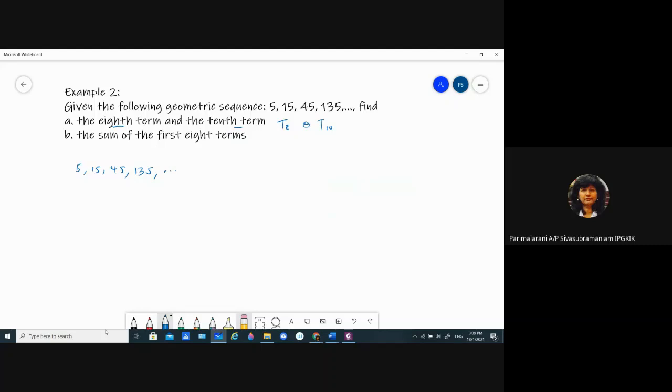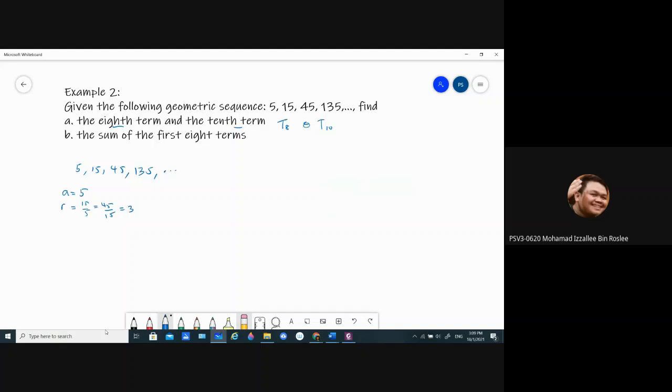Let's first see what is A. A here is 5. What's our R? 3. Yes, 15 divided by 5 or 45 divided by 15 and so on. So R is 3, okay?